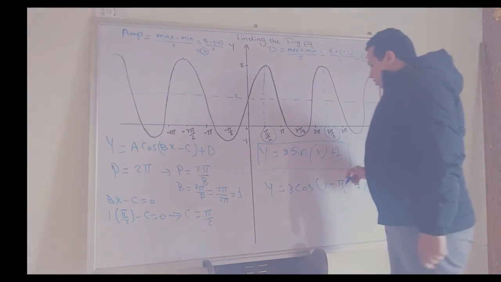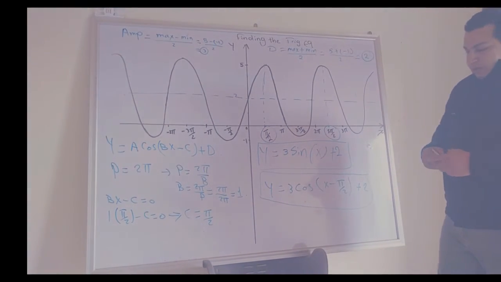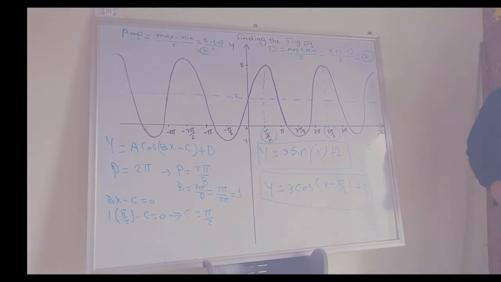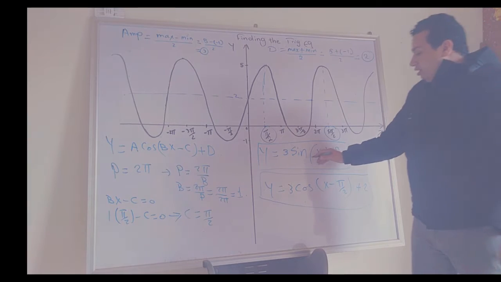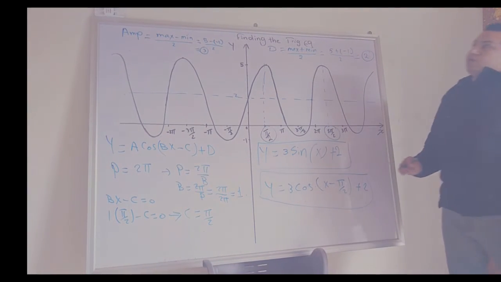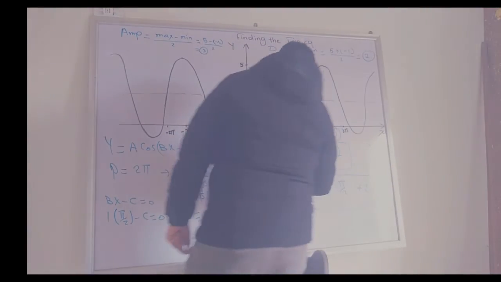Pay attention and look carefully at these two equations, then you can find a relation between sine and cosine. As you know, sine x is equal to cosine of pi over 2 minus x.